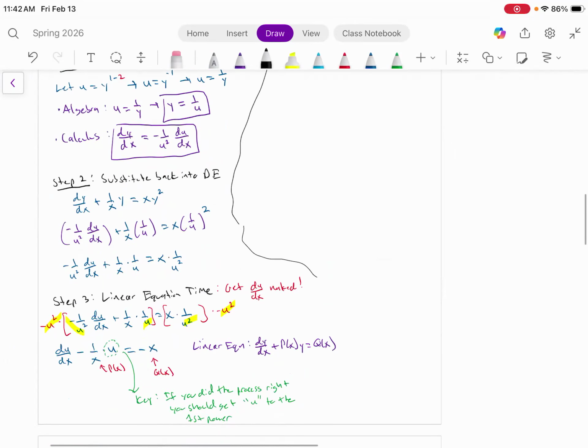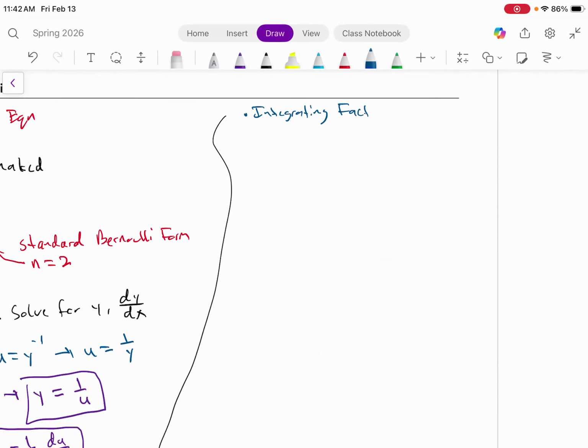Okay, so coming up to the top, we need the integrating factor. Remember it's mu of x equals e to the integral of p of x dx.